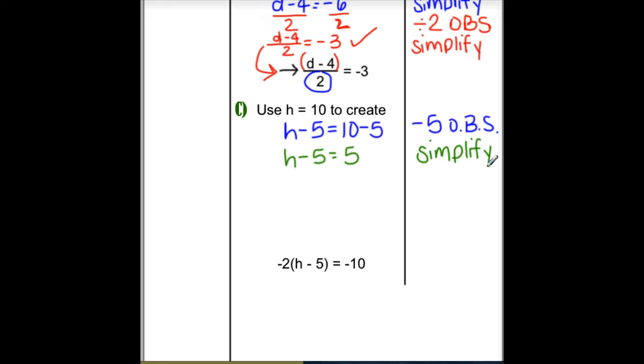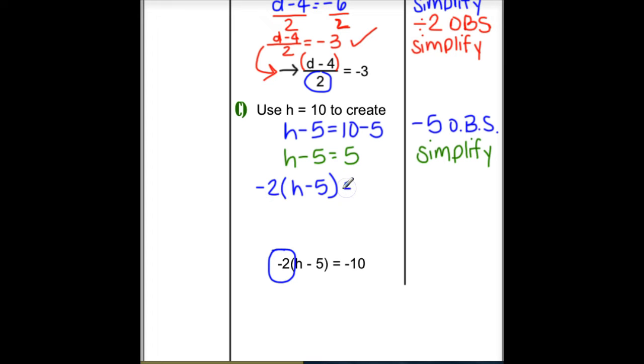I'll write down in my steps that I am simplifying. And then I look here, and I still have this times negative 2. So I'm going to make it look like it will in the final equation. I'm going to put parentheses around the h minus 5, because remember, if I don't, then I'm multiplying only the h by negative 2, and not the minus 5, which it needs to be.